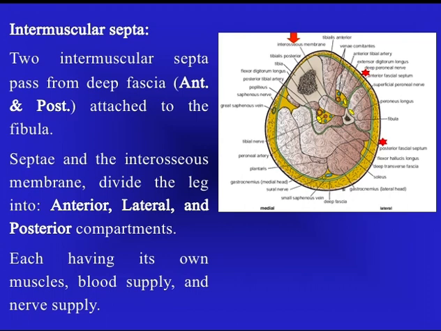This is the anterior intermuscular septum, and this is the posterior intermuscular septum, and this is the interosseous membrane between tibia and fibula, dividing the leg into three compartments: the anterior compartment, the lateral compartment, and the posterior compartment.